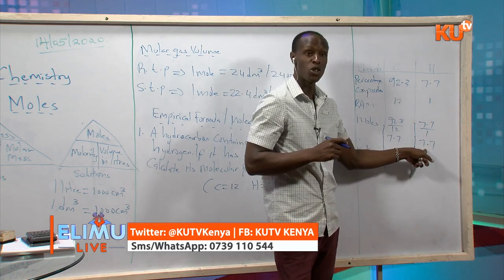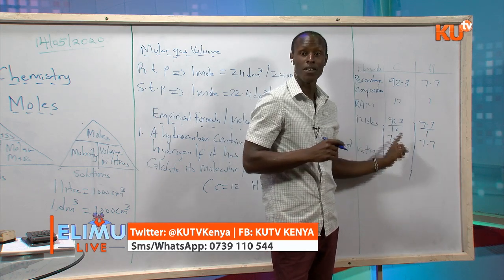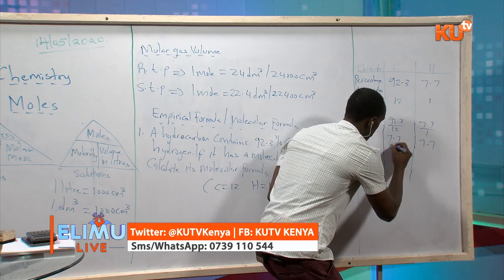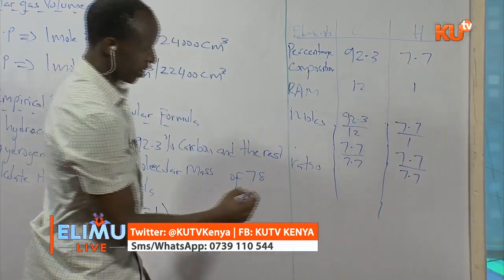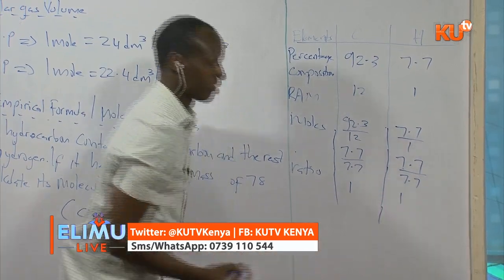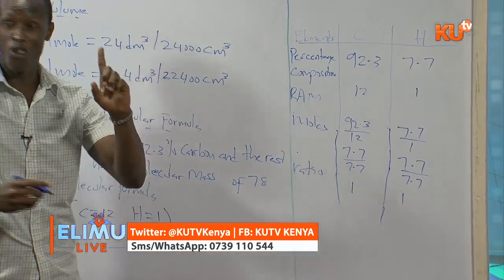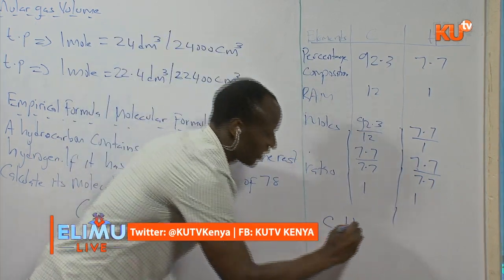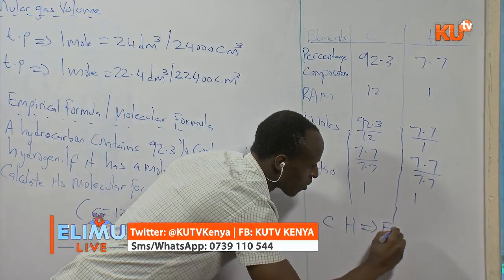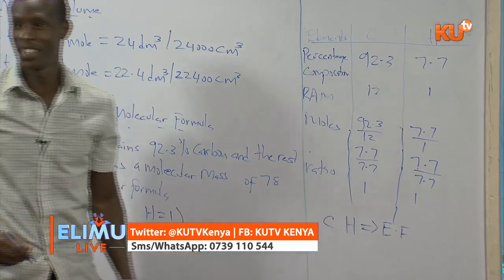So if this was 5.2, I'll divide both sides by 5.2. So here 7.7, 7.7. So the ratio is 1:1. So the empirical formula is CH.